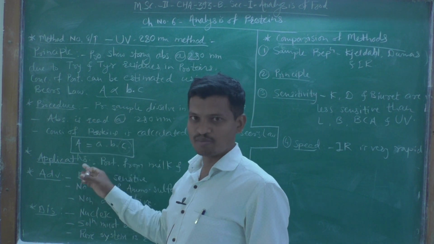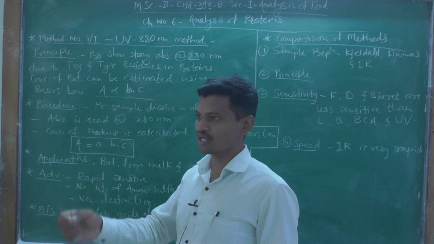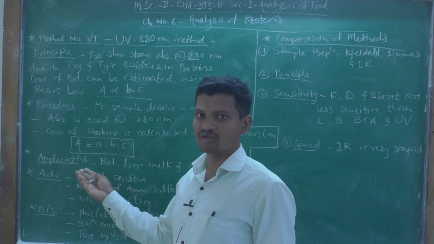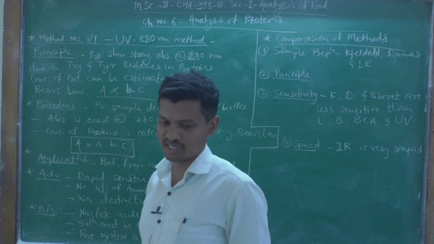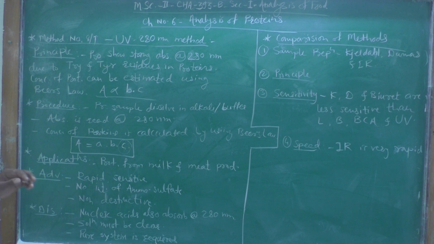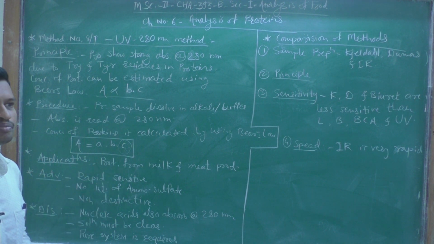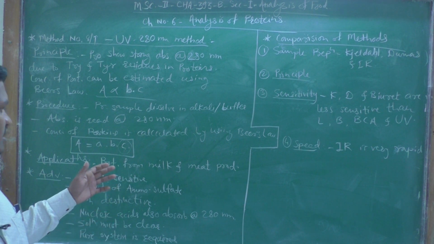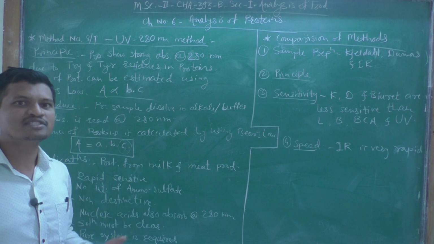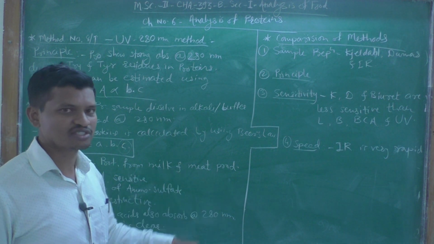Now the application. The procedure is very simple. It is a one step process. Just dissolve your sample in a buffer or alkali solution, measure the absorbance, note it down, and use the equation for the determination of concentration. The application of this UV method is that it is generally used for the estimation of proteins from milk samples, milk products, as well as meat products.